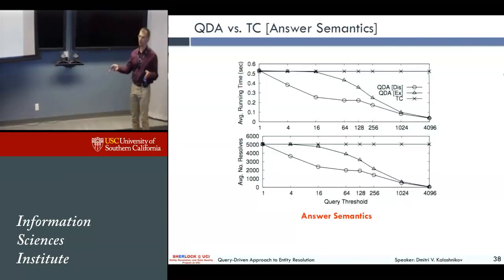If we get some results back by QDA and we want distinct results, we need to call resolve on the results themselves to see if they're the same or different. So this adds cost. For different query semantics, as you can see, the cost increases, but as the query becomes very selective, we still see some gains.